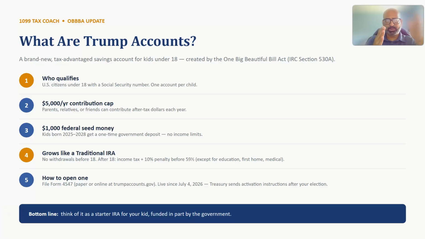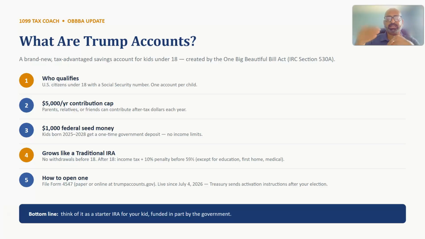Now, for kids born between 2025 and 2028, so within those 4 years, the government will invest $1,000 and really jumpstart the investment in the Trump account. As I discussed, you can contribute up to $5,000 a year in a child's Trump account, but until the child turns 18, these monies are locked in, meaning you cannot withdraw them for any reason.